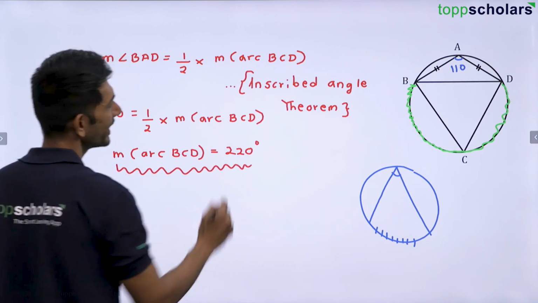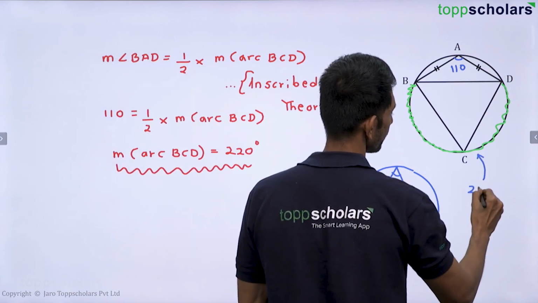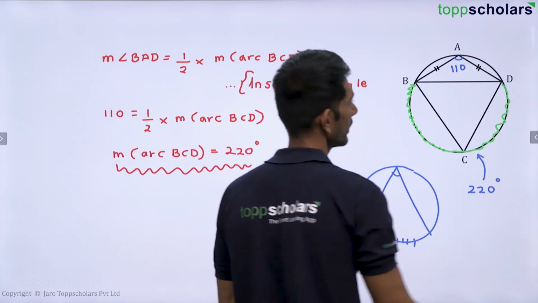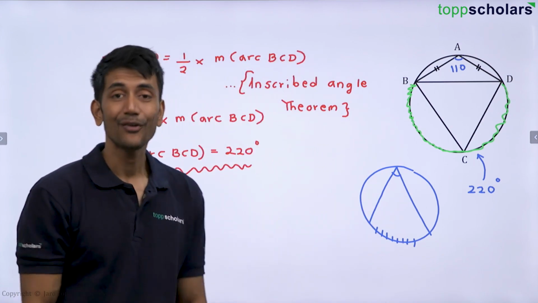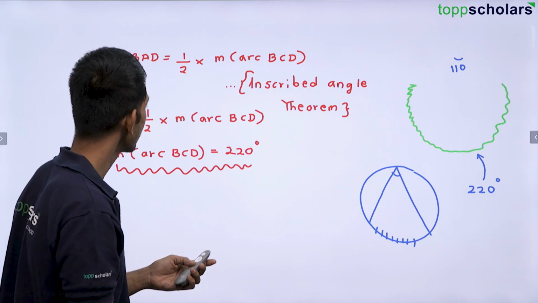So 220 degrees is the measure of this arc, correct? So right now we have just got one value. Okay, no problem. Now let's continue further.